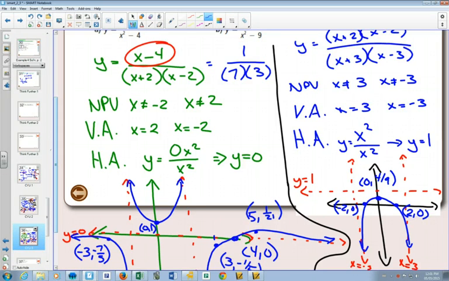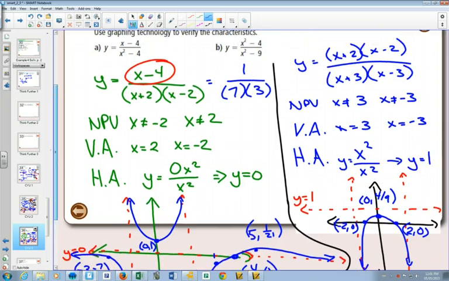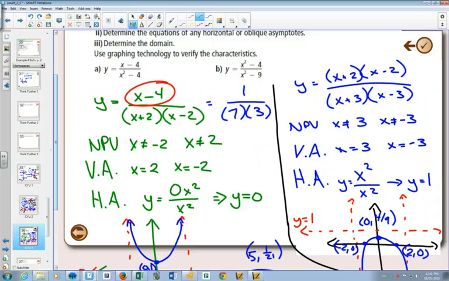Just table of values. Start with negative 4. If I plug in negative 4, this would be negative 2, this would be negative 6, this would be negative 1, this would be negative 7. I'm going to get 12 over 7.